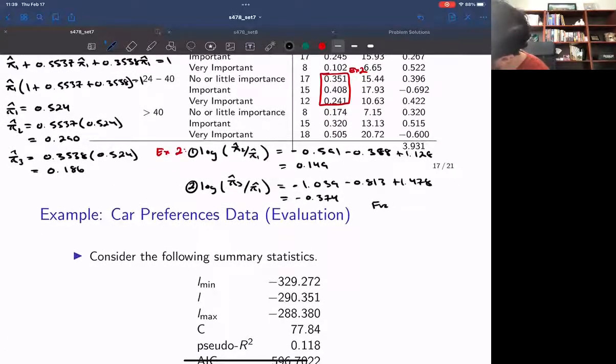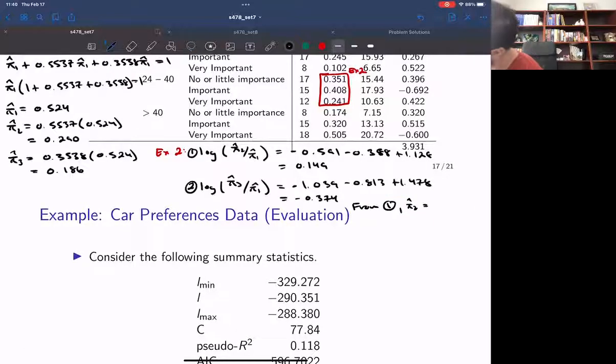So from 1, we would have exp 0.149. So we would have pi 2 hat equals 1.161 times pi 1 hat.